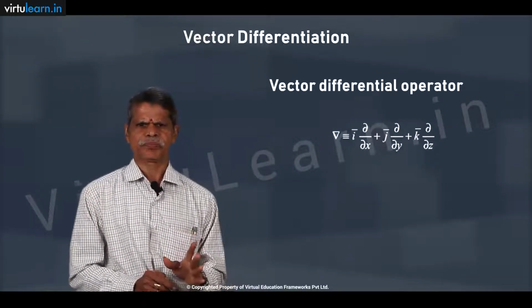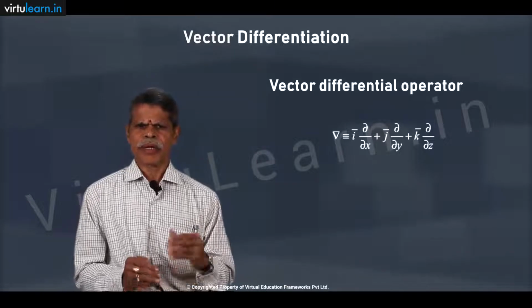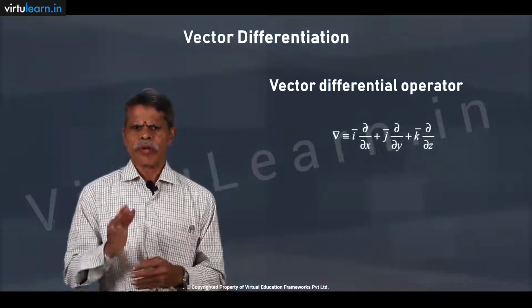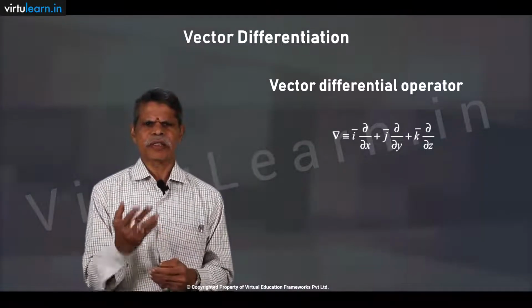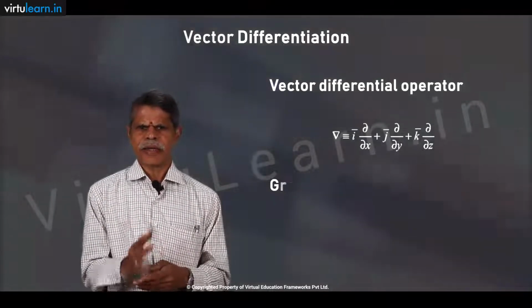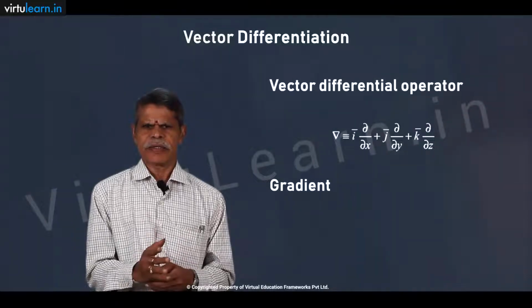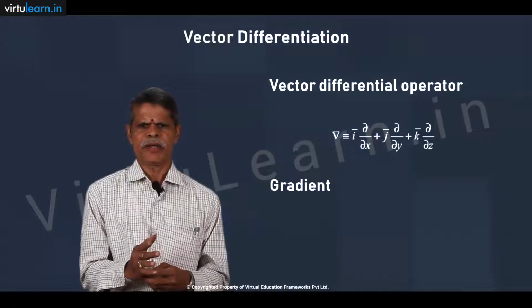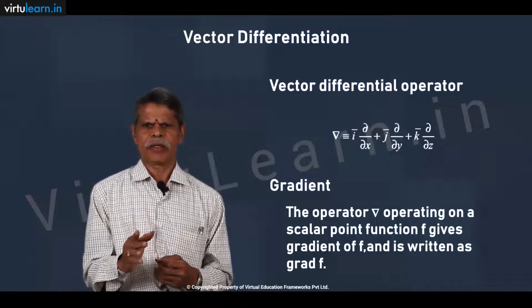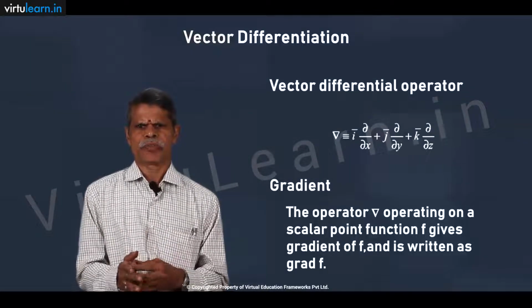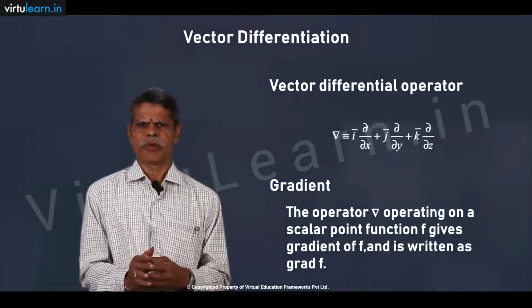Let's now get introduced to one important quantity we come across in the calculus of vectors, that is the gradient. What is a gradient? Gradient is obtained by operating the vector differential operator del on a scalar point function. Suppose f is a scalar point function.